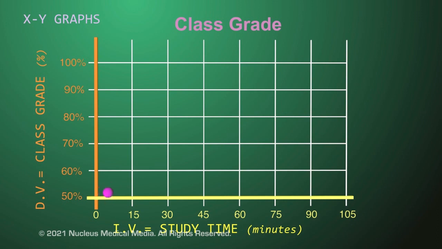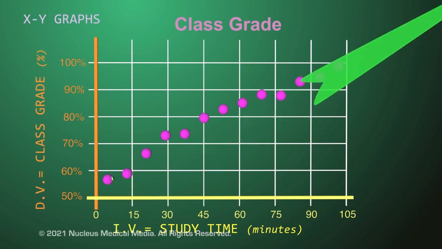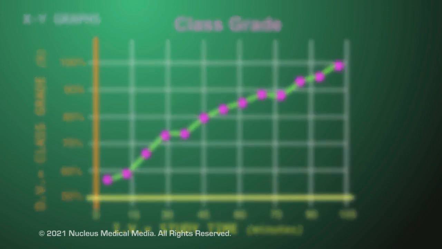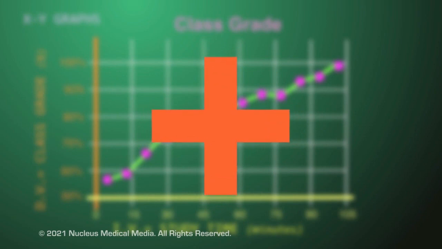You can use XY graphs to look for trends in the relationship between the independent and dependent variables. If the values of both of these variables rise, then a line connecting the data points will show an upward trend. This means the variables are positively correlated.